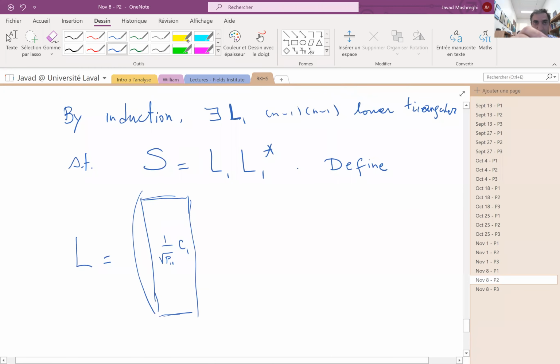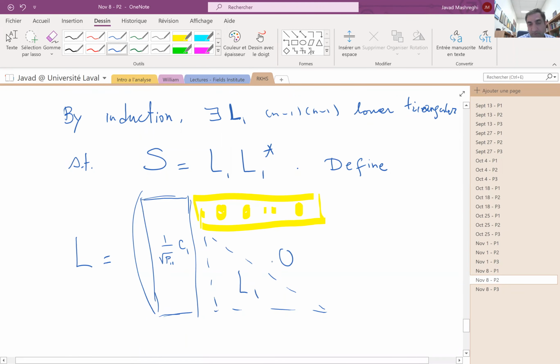And then here is completely 0. And I put L1 beneath this, but again, L1 is lower triangular. I put L1 here, and this 0 also belongs to L1, but I write it that way.